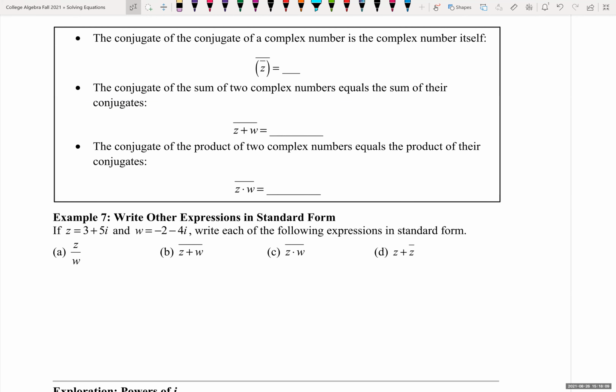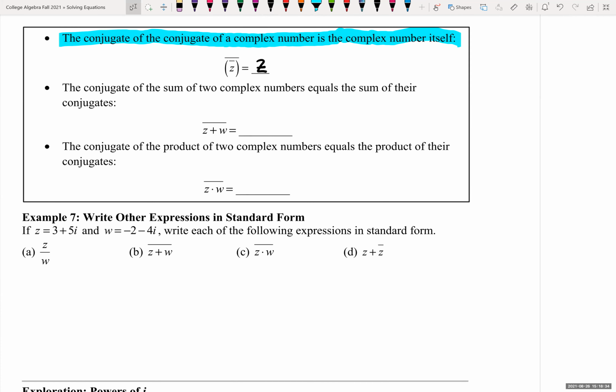Okay, so let's look at using some of our rules with conjugates, and the following states the conjugate of the conjugate of a complex number is the complex number itself. So if I look at the conjugate of the conjugate, I get the original complex number z. And we can show that that's true.